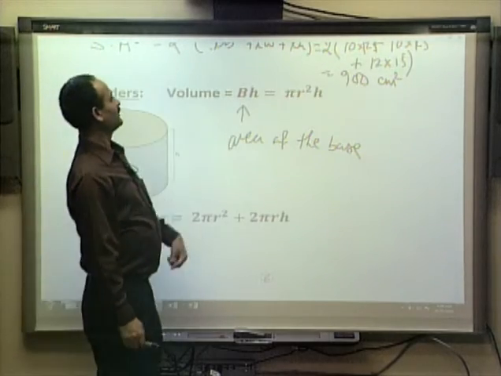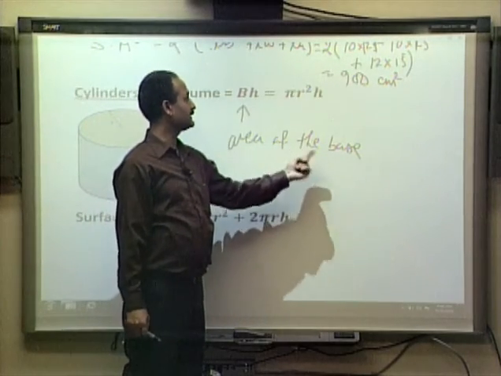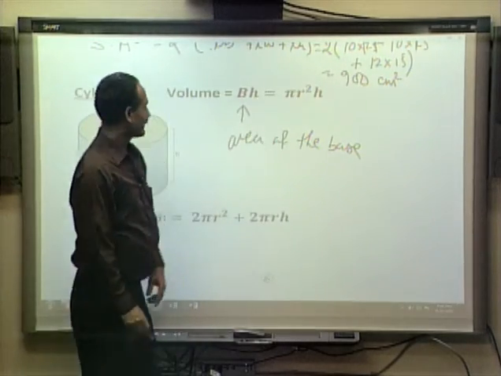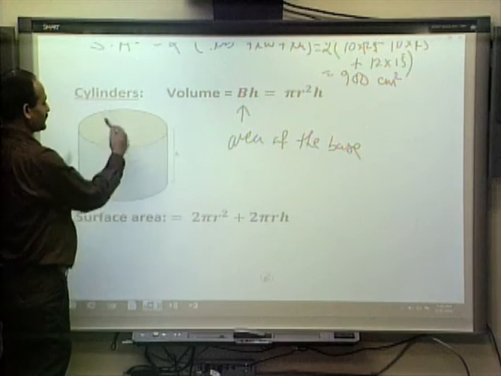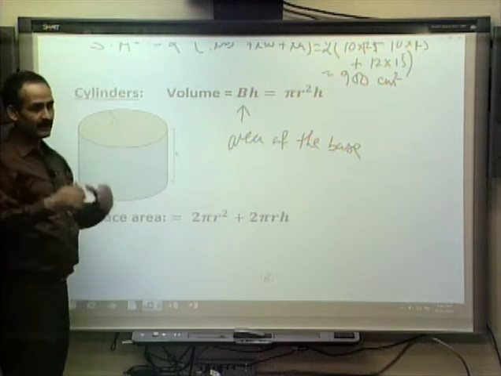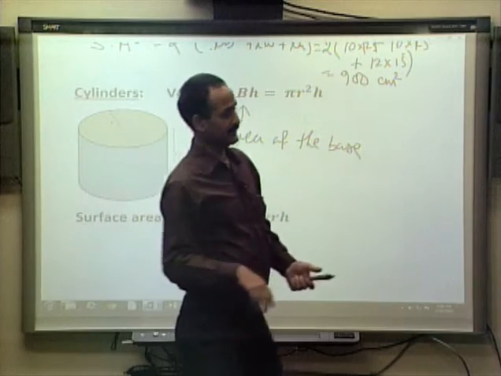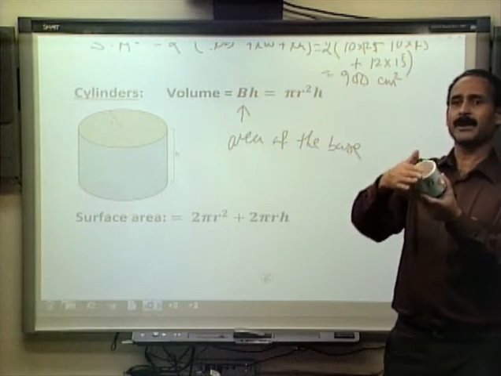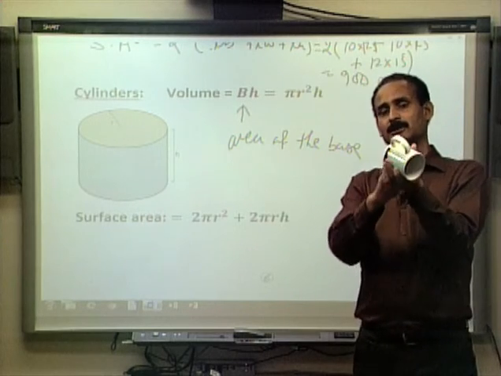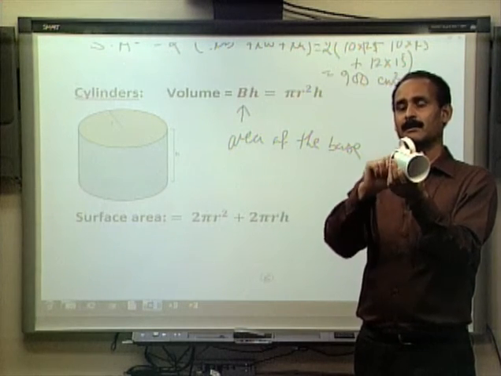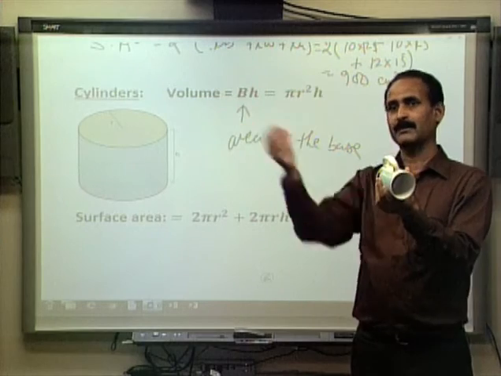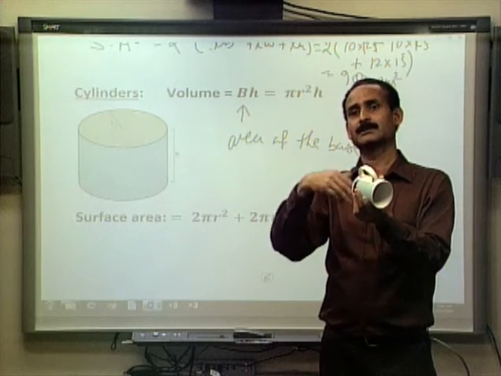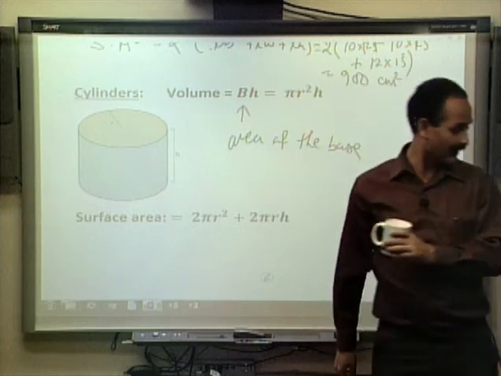Since the base is circular, its area is pi r square.